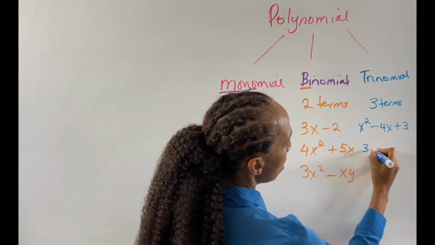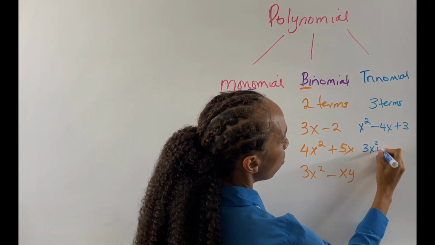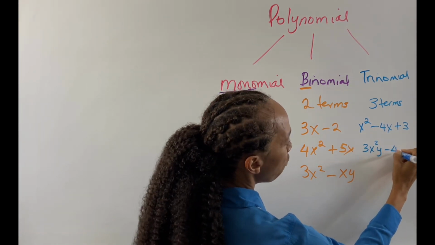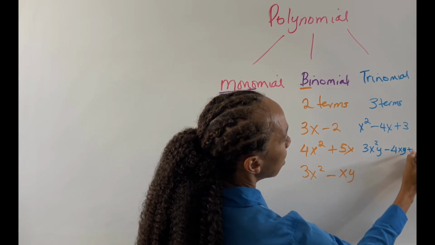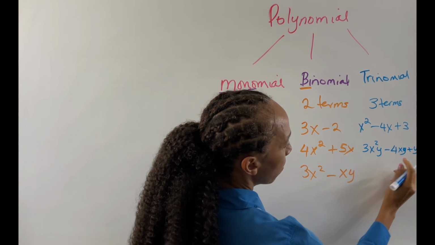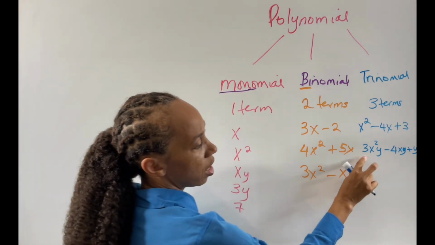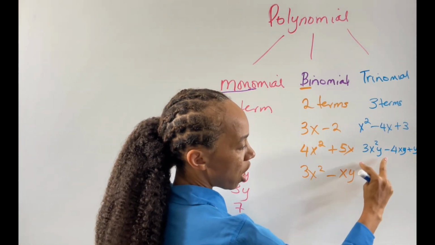It could be 3x squared y minus 4xy plus y. Notice here, these three terms are different.